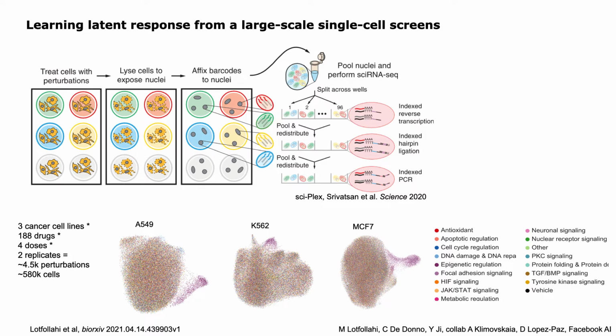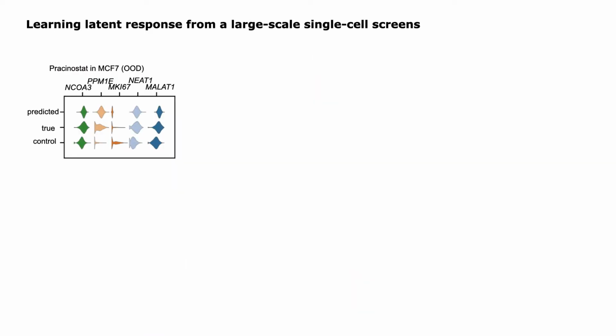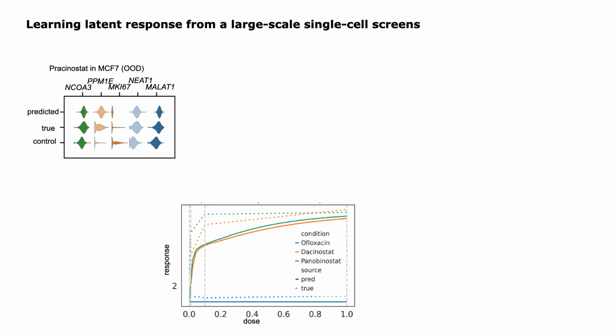Overall it's a super mix, and you cannot figure out anything from looking at the UMAP. As an example, we held out one drug at the highest dose and tried to predict the gene expression, all the genes, for that drug. Here you can see the predicted genes for that specific drug at the highest dose, and the model picked out that it has to upregulate those genes.